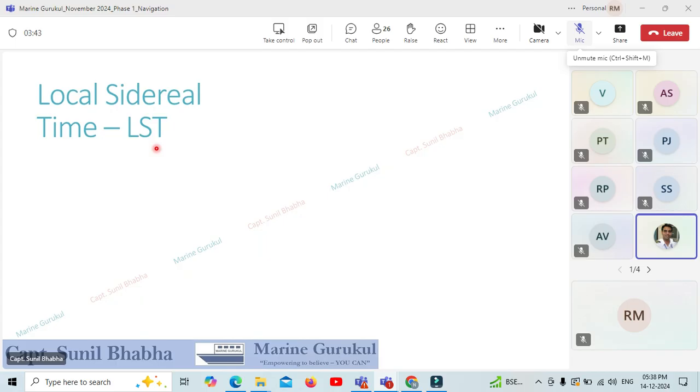So let me first explain to you what is the meaning of local sidereal time, also known as LST. LST or local sidereal time is the westerly hour angle of the Aries measured from the observer's meridian. Let me show you with the help of a diagram.